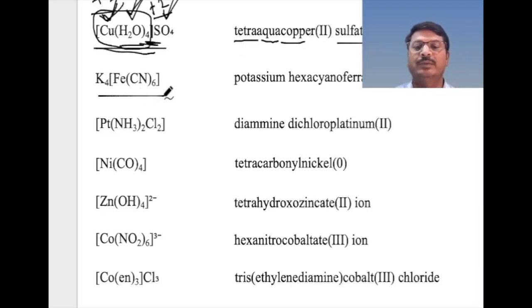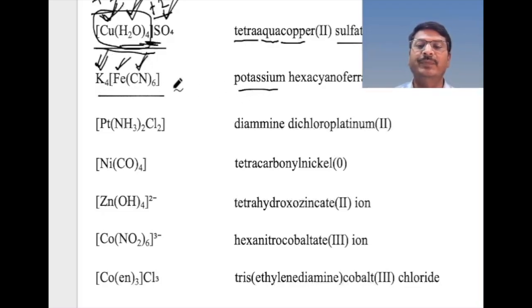Come to one more example. K4[Fe(CN)6]. So it is the counter ion, the central metal ion, and the ligand. Total 6 ligands are there, so that is hexa. First you have to write the cation name. What is the cation? Potassium.